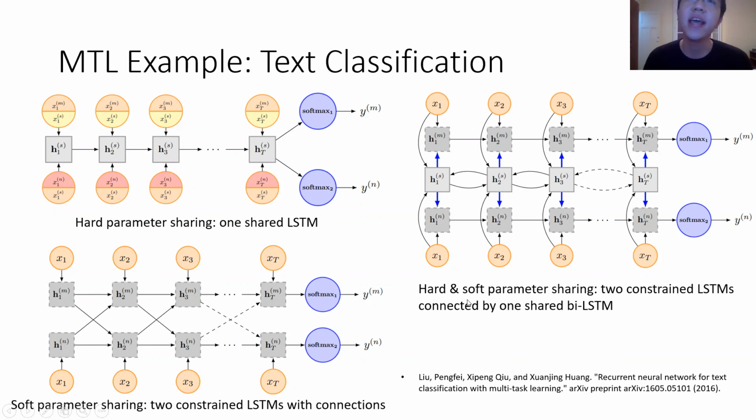And the third is actually a hybrid of hard and soft parameter sharing. Again, we have these individual LSTMs directly processing the input, but they are connected by a shared bidirectional LSTM. This is a kind of hard parameter sharing, but this hard parameter shared layer is connecting these two constrained layers. So this is actually a mix of hard and soft parameter sharing.